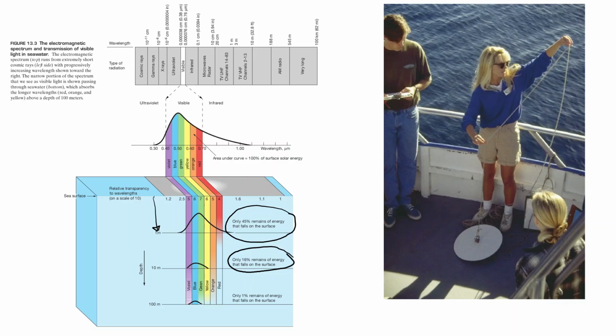And once it reaches 100 meters, it's only 1% of the energy that falls on the surface. Which means that as you go deeper, the amount of solar radiation available for use becomes much less. By 100 meters, it's only 1%.